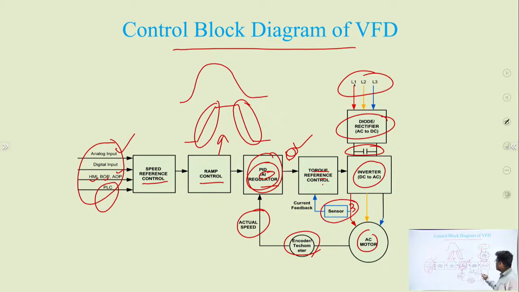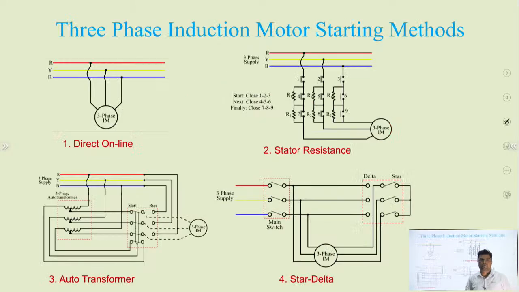Basically there is a relay, and that relay feeds the current feedback signal, and the torque is compared. Accordingly, the torque is compared and this reference signal is fed to the inverter circuit through the PWM technique. So through that the operations will be done.